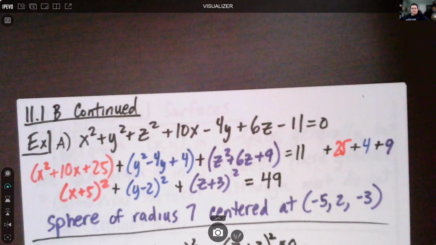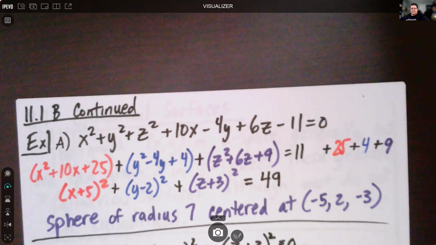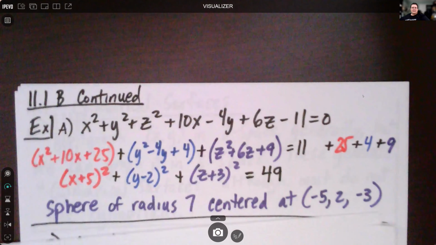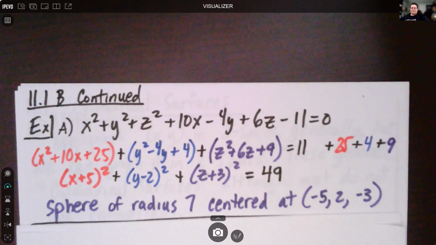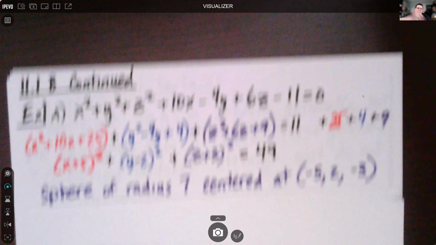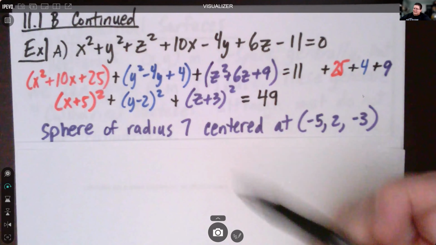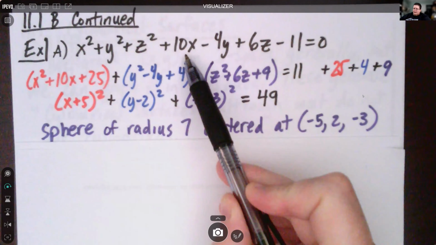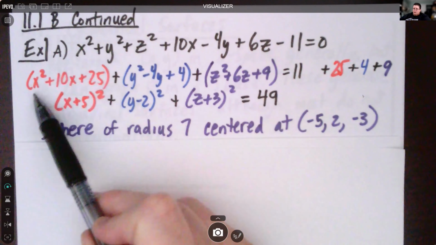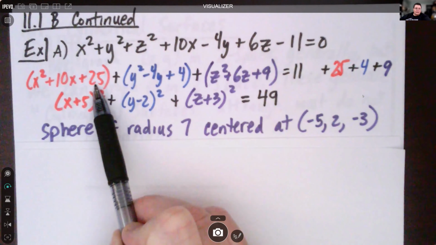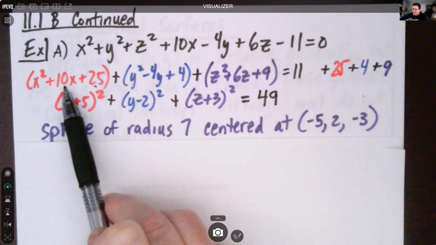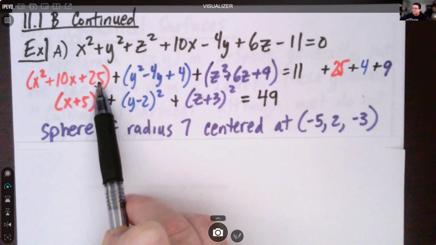Our first example, I've got x squared plus y squared plus z squared plus 10x minus 4y plus 6z minus 11 equals 0. There's a lot going on there. So what I've done is I've grouped together the variables. I've grouped 10x with x squared, and I've done completing the square, which is taking half the coefficient of the x to the first power, 10 divided by 2 is 5, and squaring it, and adding that to both sides, 25 here, 25 here.